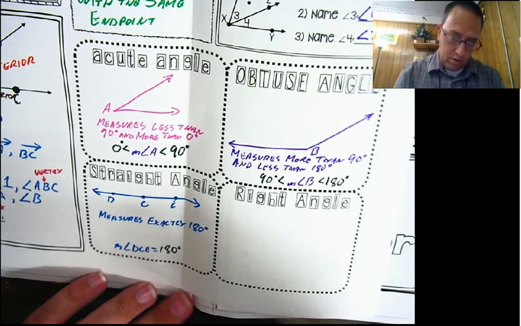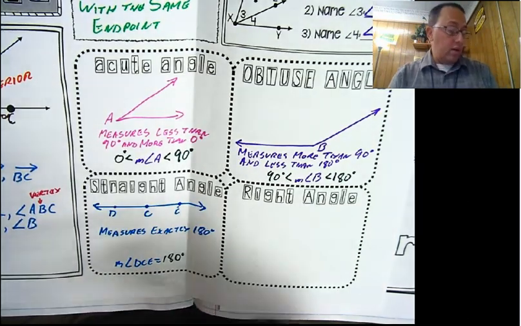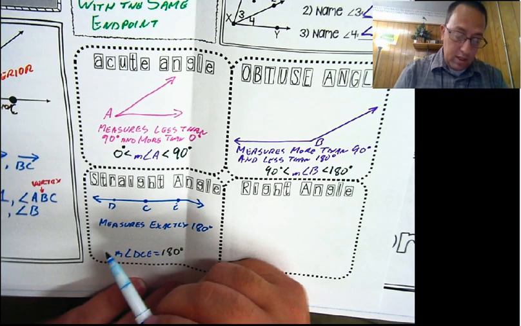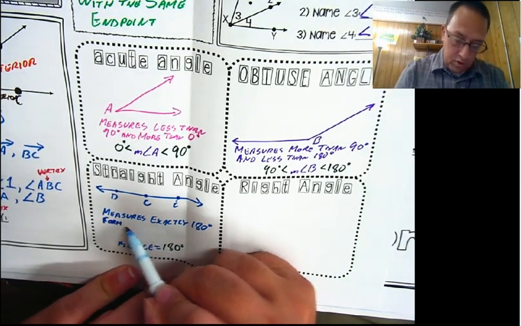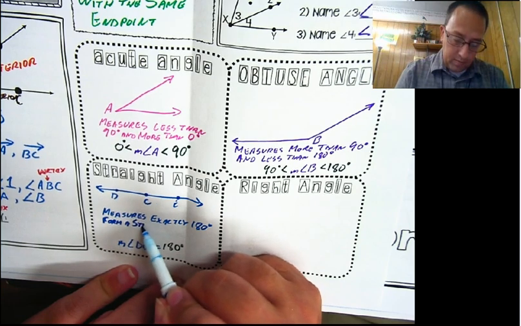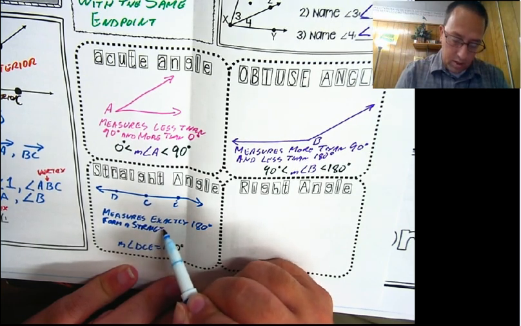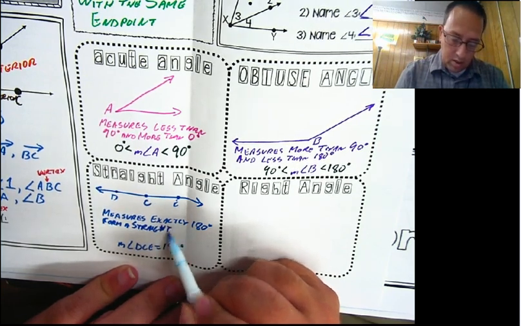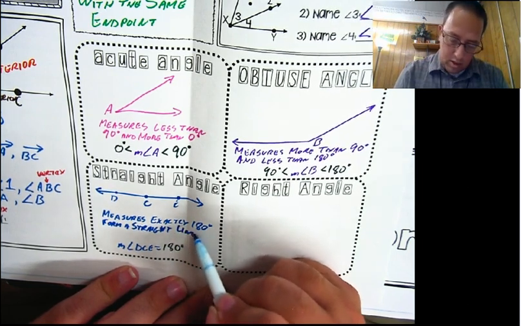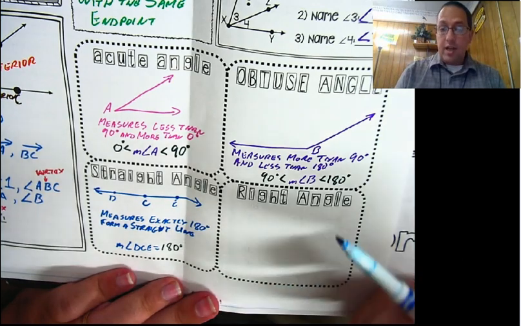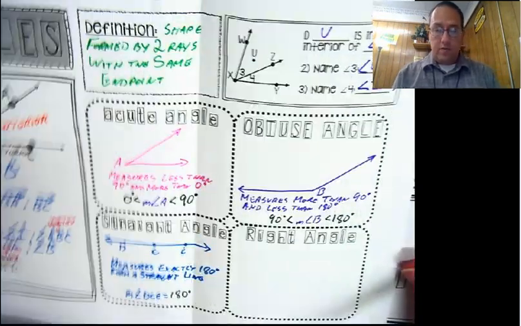180 degrees. Another thing about straight angles, the reason they're called straight angles, is they form a straight line. Now we said it had to be made up of 2 rays, right? That was our definition.